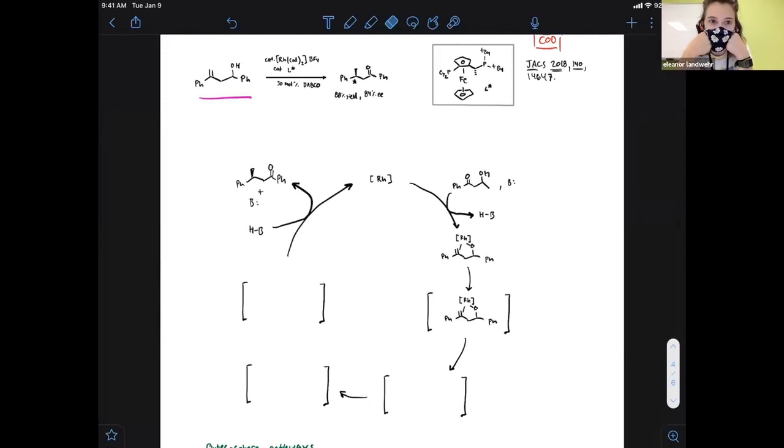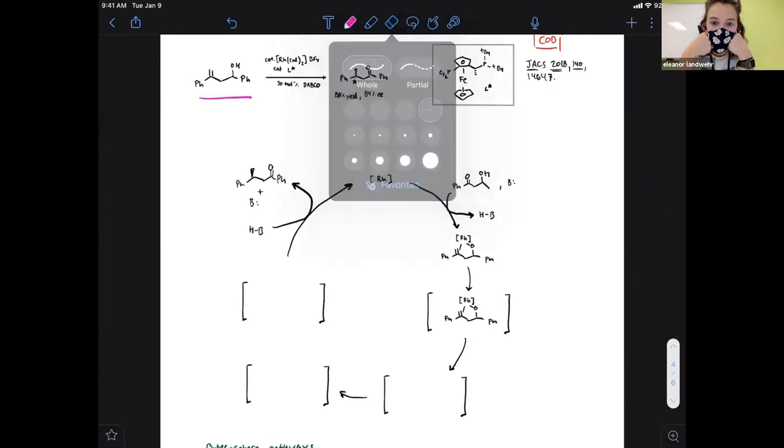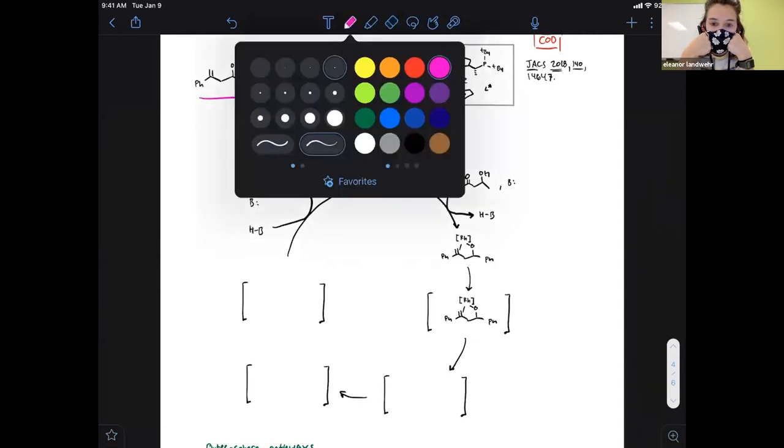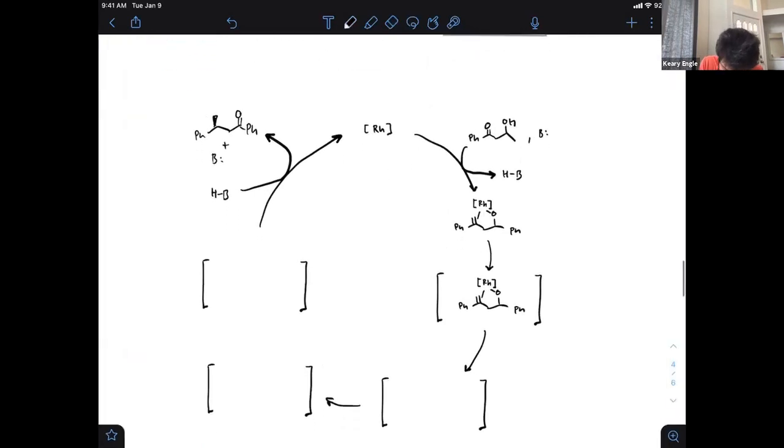I'm not sure. So you don't have a rhodium hydride here. You don't have a rhodium hydride, but we're in the hydrogenation section. Maybe I'll zoom in and draw this in a slightly more suggestive way. Let's see if that triggers any thoughts.